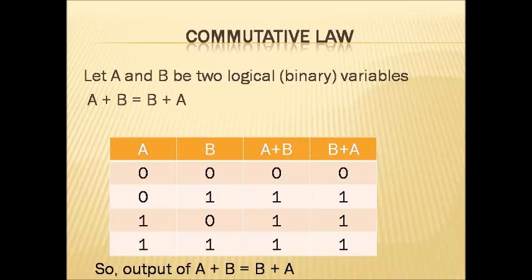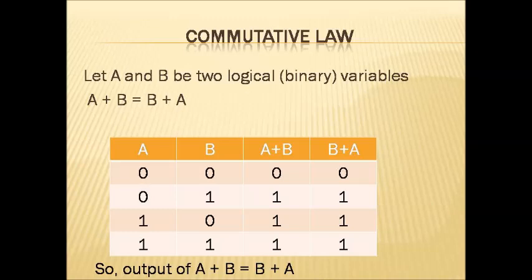Here you can see that as A and B are two binary variables, they can take these 4 sets of values. You can see the A plus B and B plus A columns. When we compare these, you can see that A plus B is equal to B plus A.